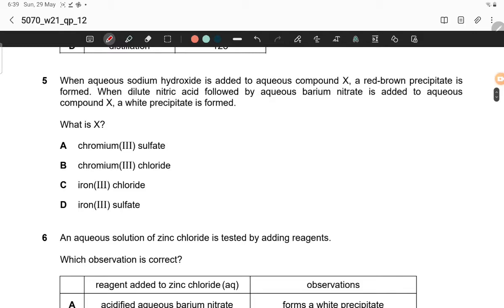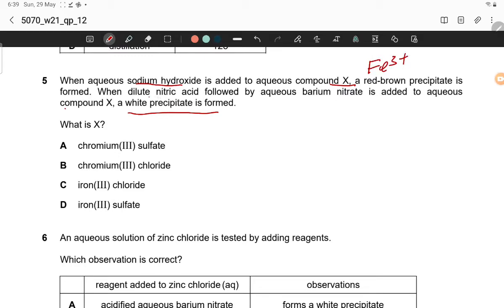When aqueous sodium hydroxide is added to compound X, a red brown precipitate is formed. When dilute nitric acid followed by aqueous barium nitrate is added to aqueous compound X, a white precipitate is formed. Red brown precipitate with sodium hydroxide means iron 3 ions.